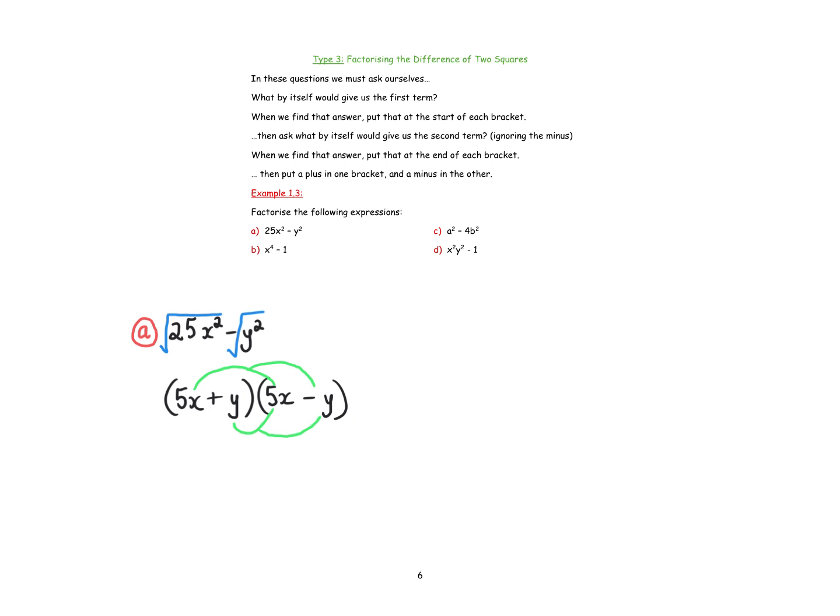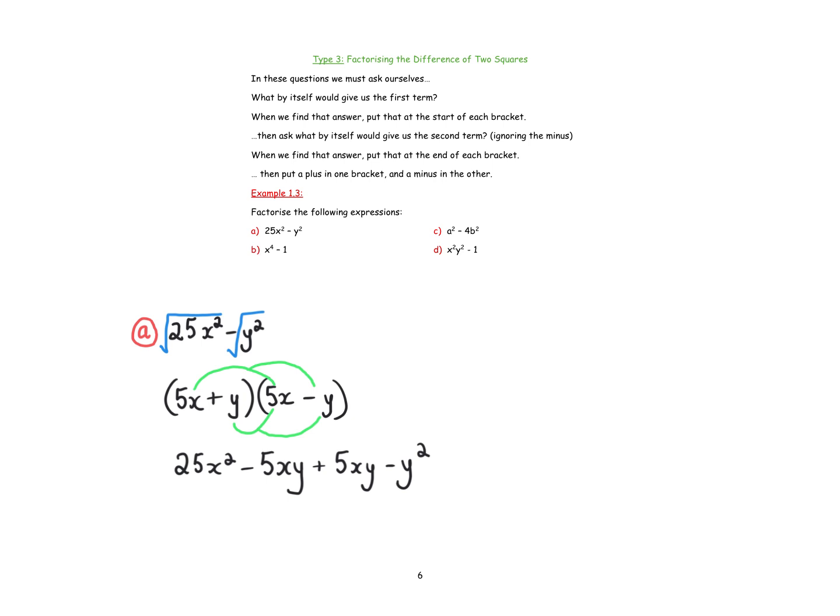Doing that, we'll have 5x times 5x, which is 25x squared. We'll have 5x times minus y, which will give us minus 5xy. We'll have y times 5x, which will give us plus 5yx. And then lastly, y times y will give us minus y squared, as we have the minus y in the second bracket.